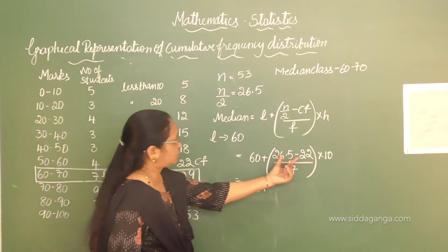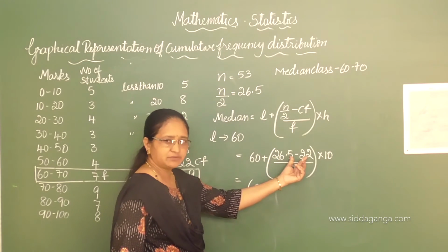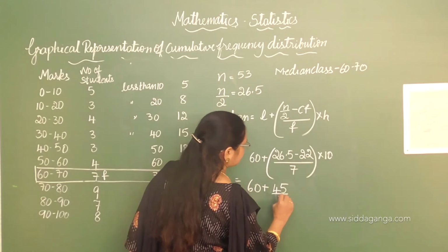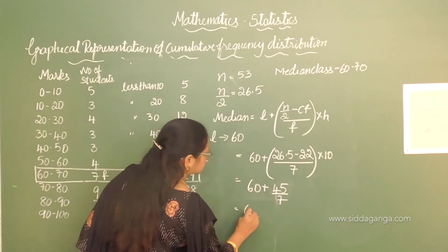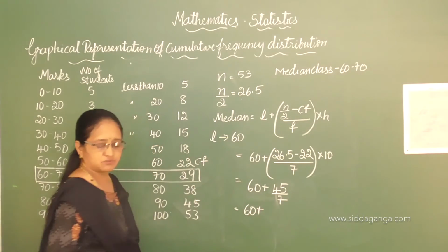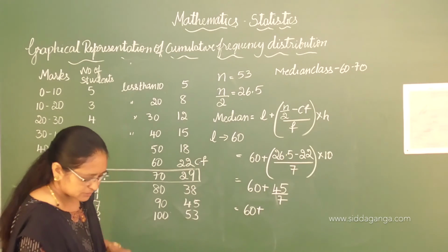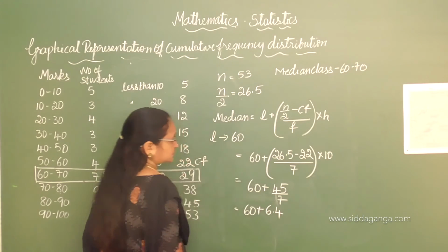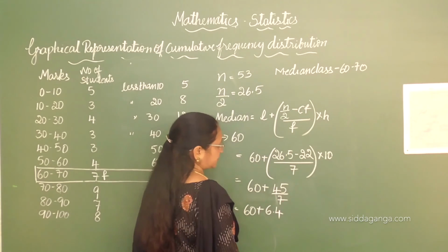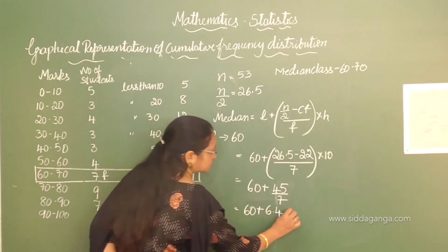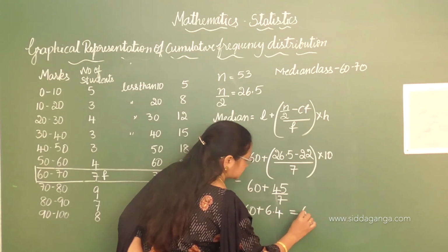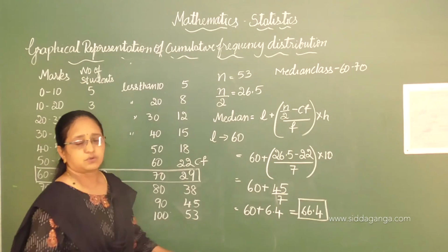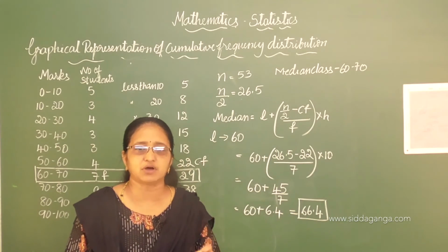I hope you understood this. 4.5 into 10 is 45 by 7. So 60 plus, divide 45 by 7, you will get 6.4. So the answer will be 66.4. This is the median obtained by using the formula.